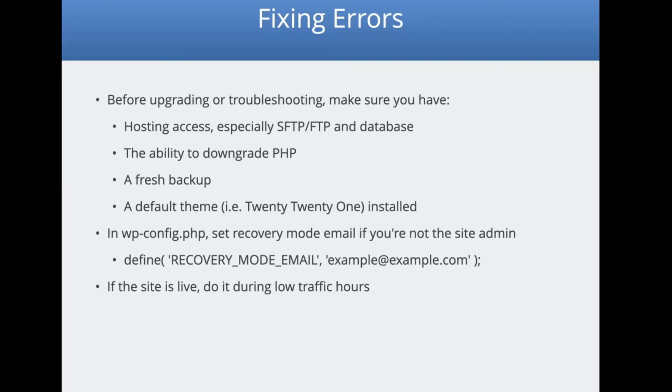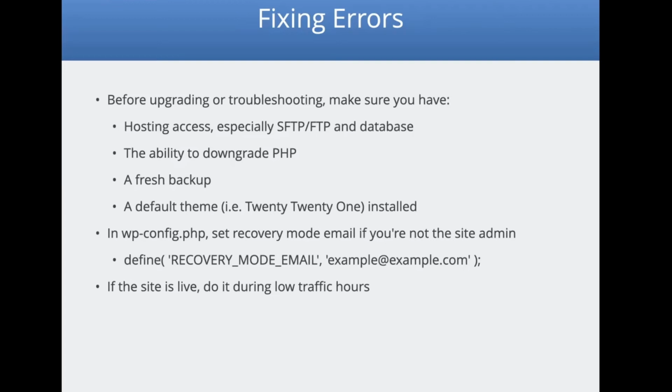This is another one I haven't seen, but they say it's good practice to keep a default theme installed. And if you pay attention to the site health warnings in the backend, if you don't have a fallback theme, that comes up as a warning. So the idea is if the theme breaks, then you have another theme that the site falls back on.